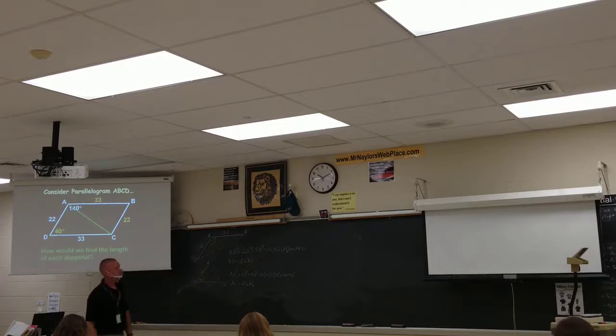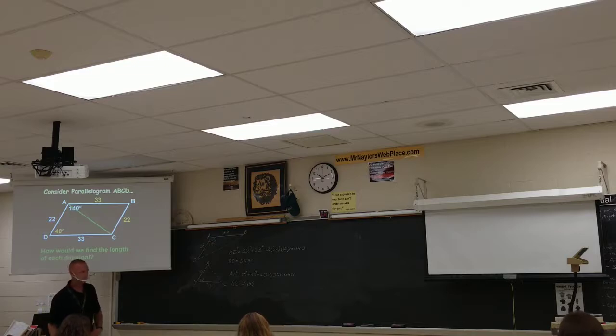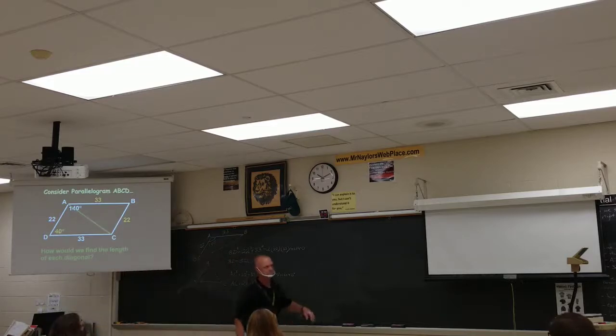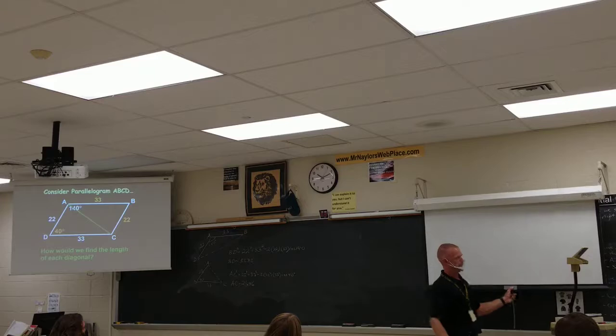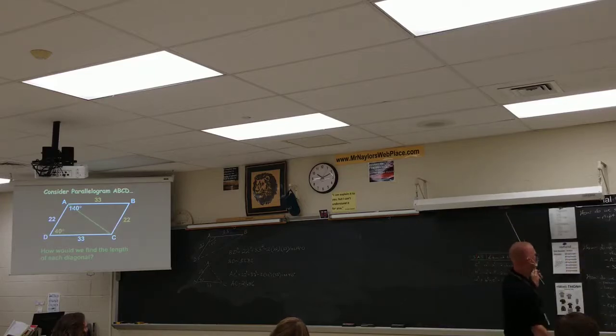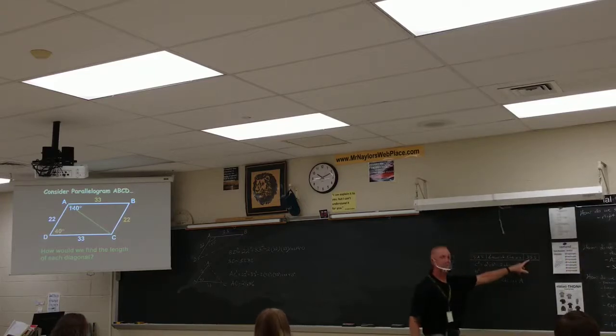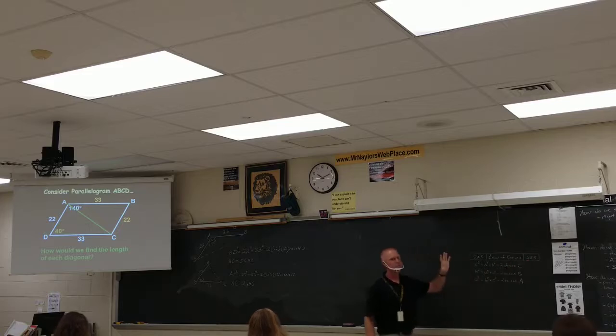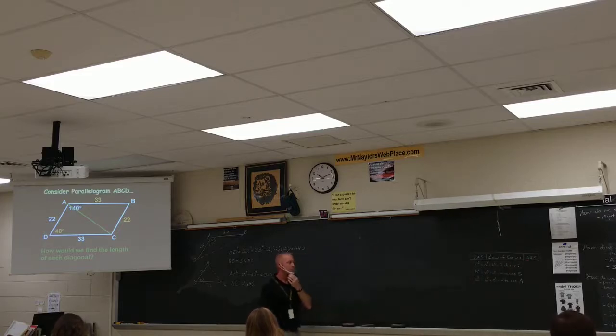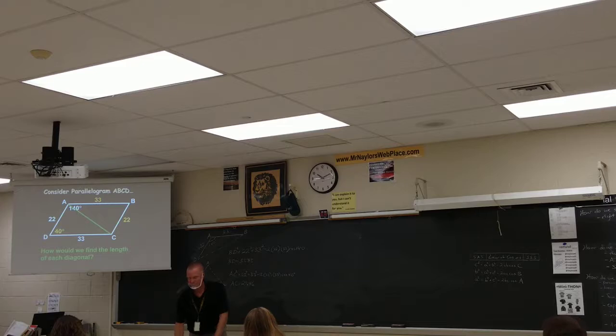Okay, and it'll be something just that we didn't get to yesterday. It's this side, side, side. Law of cosines works for side, side, side. Okay, let me show you how. Okay, you'll find out that it kind of feels a little bit more like algebra.